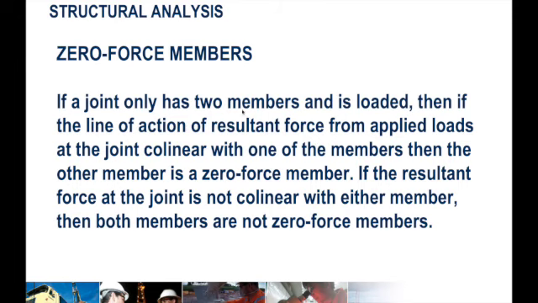It's like a special case of the second rule, where the external load acts as one member. Okay, so what you're looking for is there are 2 members, the external load is collinear to one of the 2 members, and therefore the other member, which is not collinear with the load, is a zero force member.